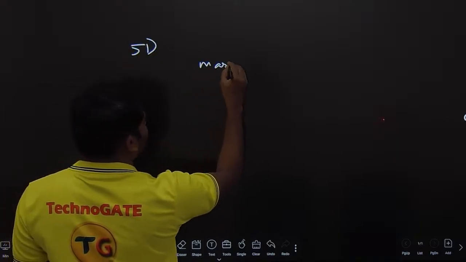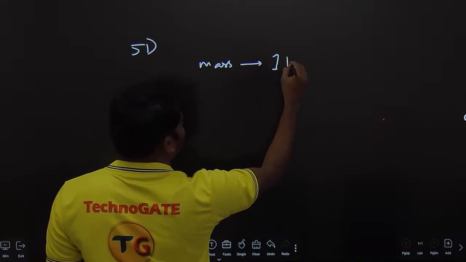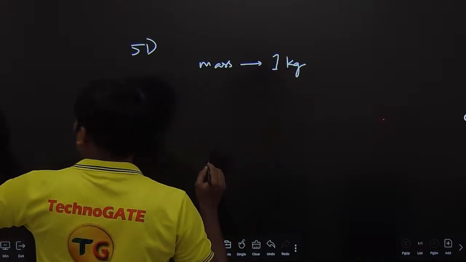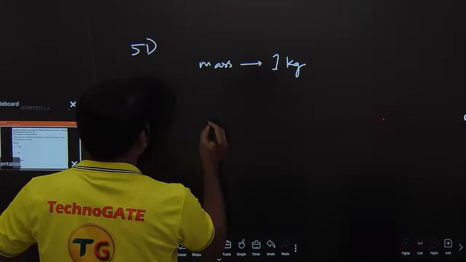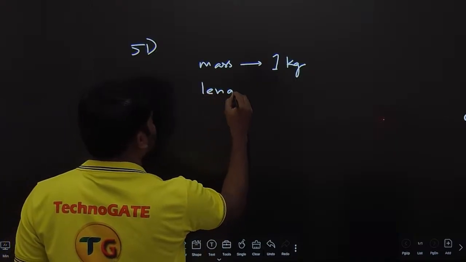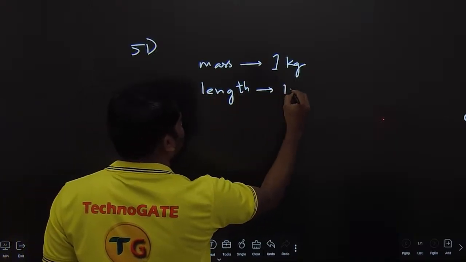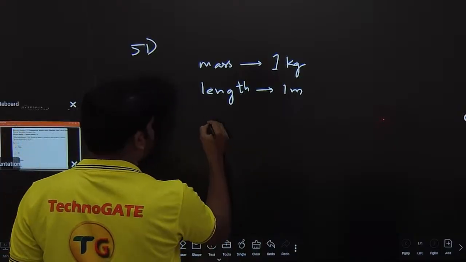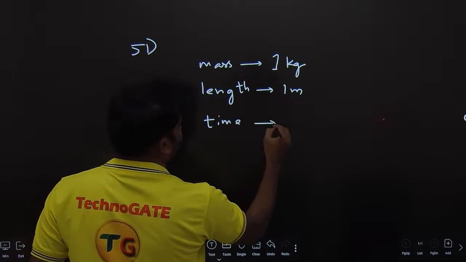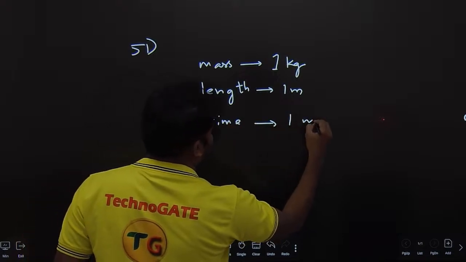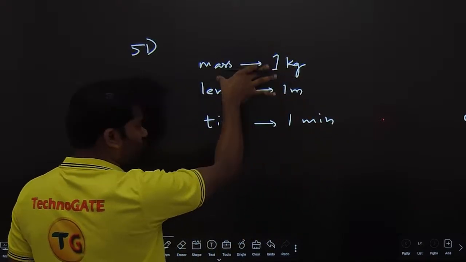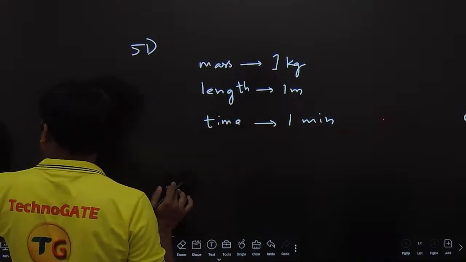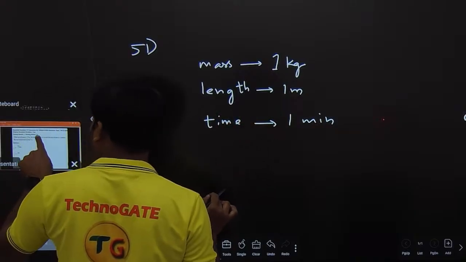Mass is 1 kg, length is 1 meter, and time is 1 second. Not 1 second, it is 1 minute. So they are expecting us to use it like this and understand the units of pressure and Newton per meter square.